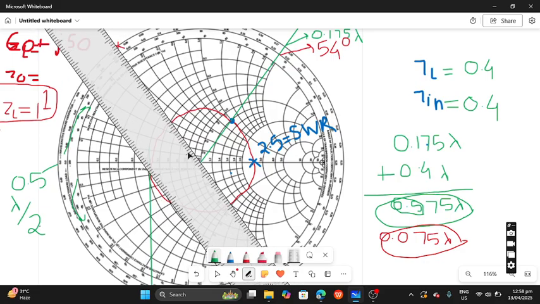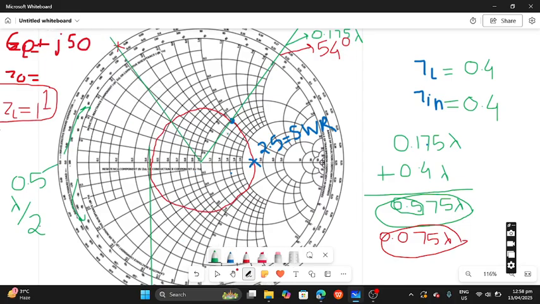I will just draw it here. So now we have to locate Zin. To locate Zin, mark that intersecting region again with the blue circle, and here you can see it is 0.5 plus j0.4.